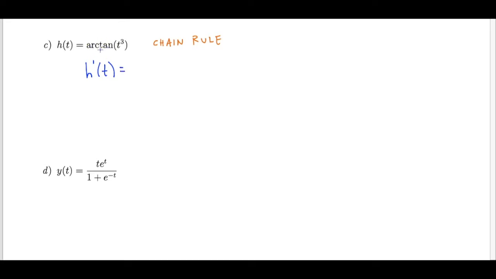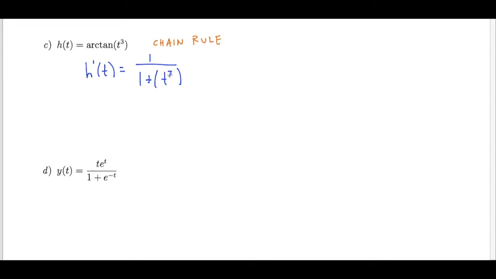So the derivative of arctangent of something is 1 over 1 plus that something squared. So if I had arctangent of x, the derivative would be 1 over 1 plus x squared, as you hopefully recall.